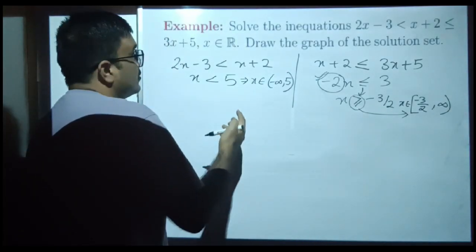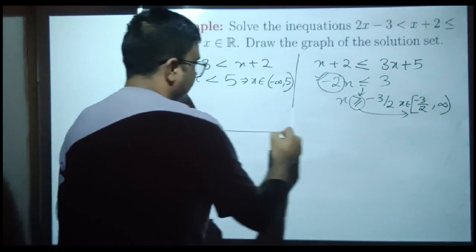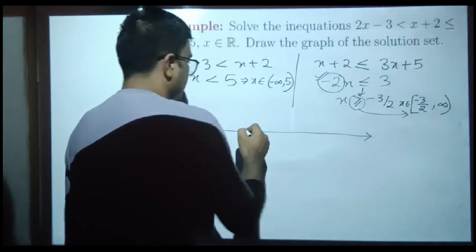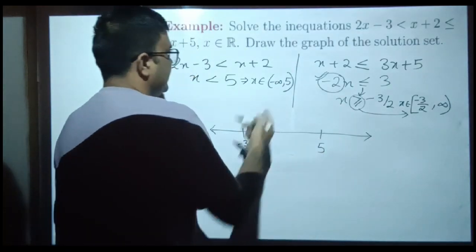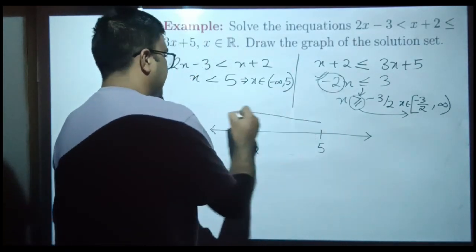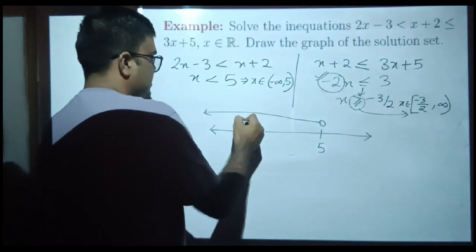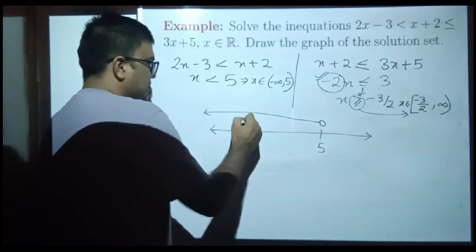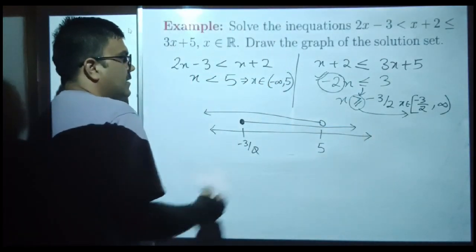Now if both the inequalities are satisfied simultaneously, one point is minus 3 by 2, another point is 5. This one is minus infinity to 5, but this is minus 3 by 2 to infinity. What is common over here?